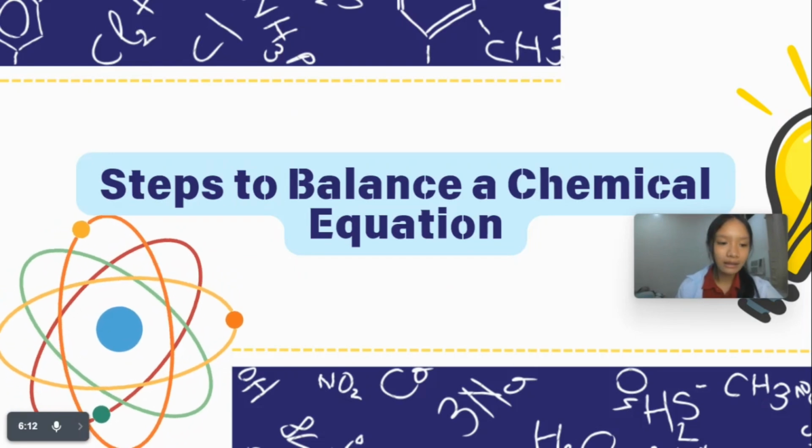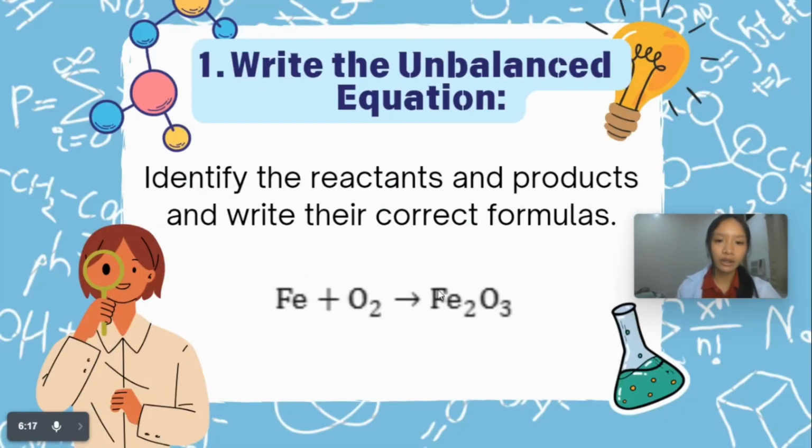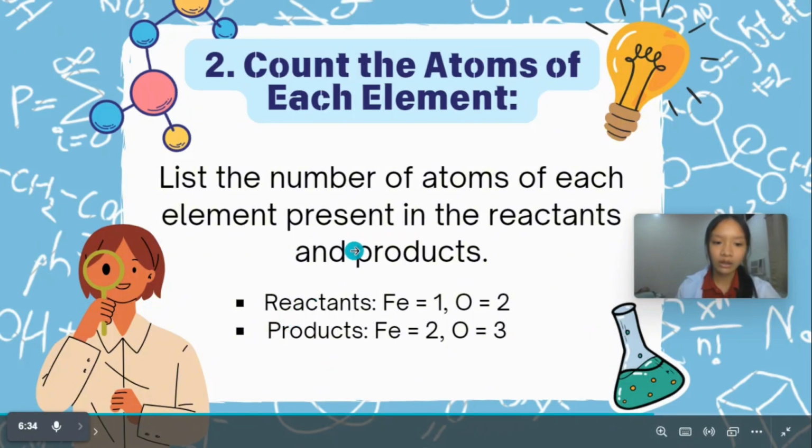To balance a chemical equation, the first step is to write the unbalanced equation and identify the reactants and products, and then write their correct formulas. Once we have the unbalanced equation, the next step is to count the atoms of each element.